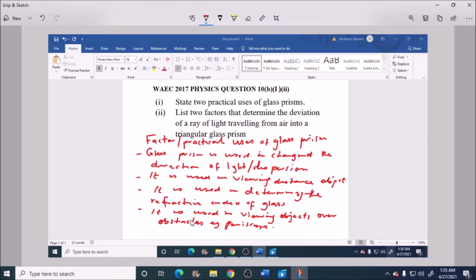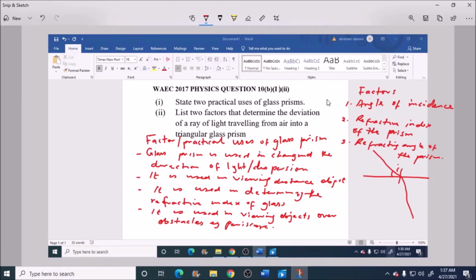Alright, so these are the factors that determine the deviation of a ray of light traveling from air to glass. Okay, so the first one is the angle of incidence, refractive index of the prism, and refracting angle of the prism.